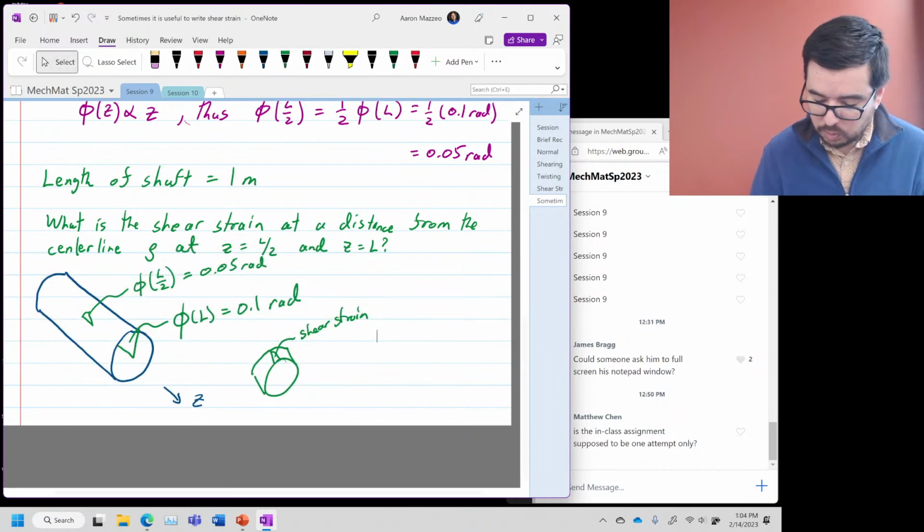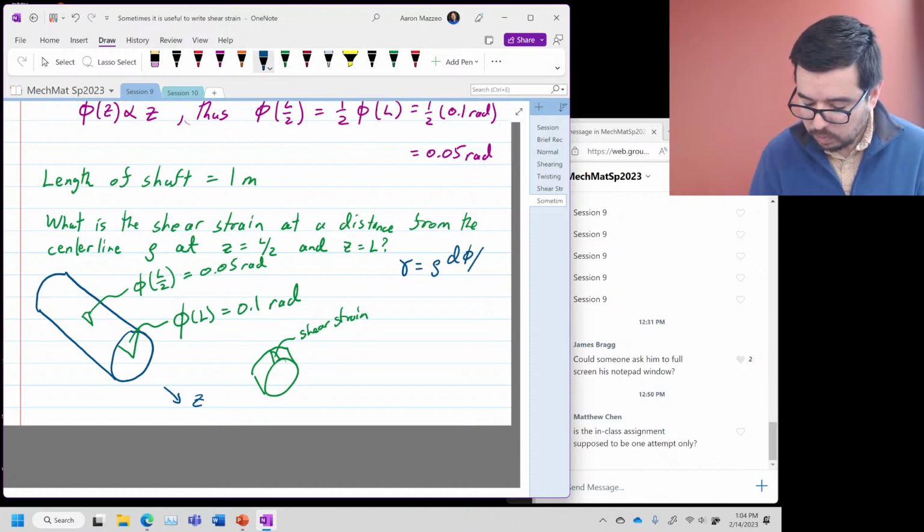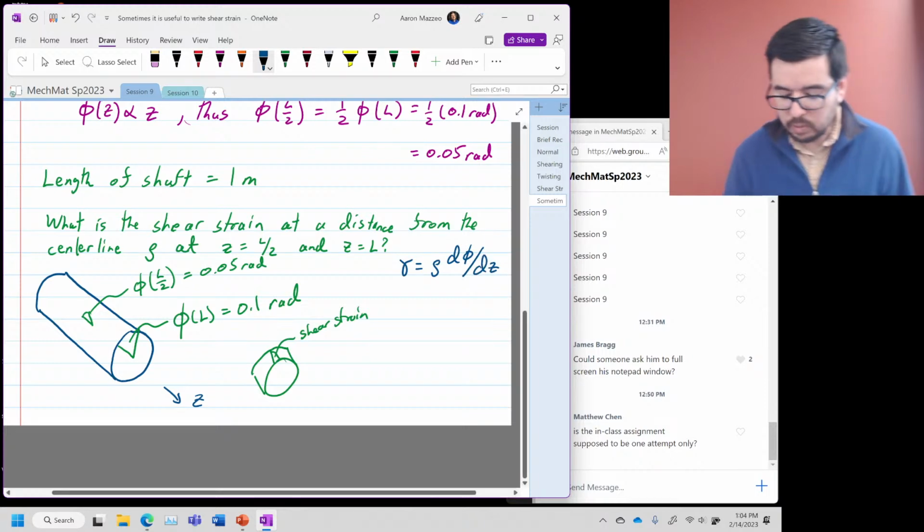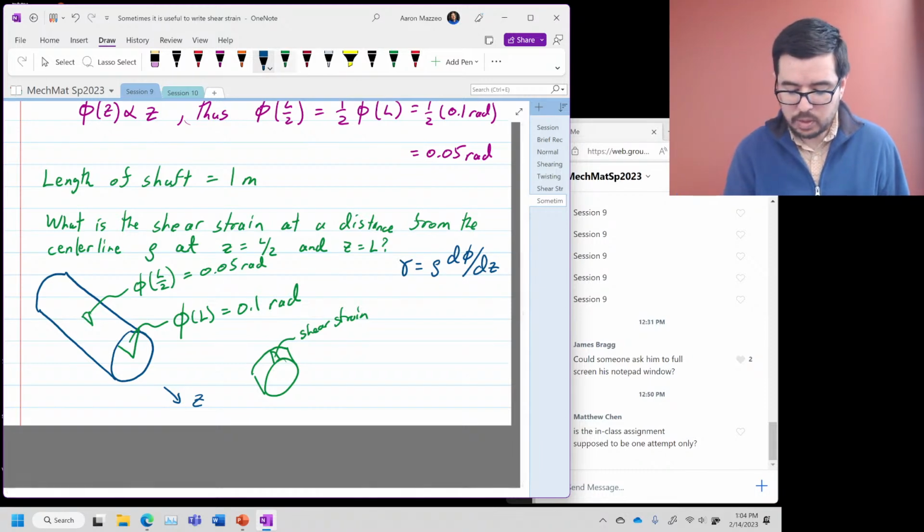Okay, so let's write out that gamma is equal to rho d phi dz. So this is constant. How do I figure this out? What is this value?